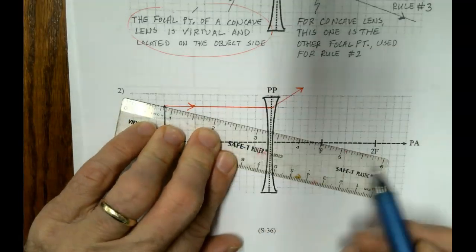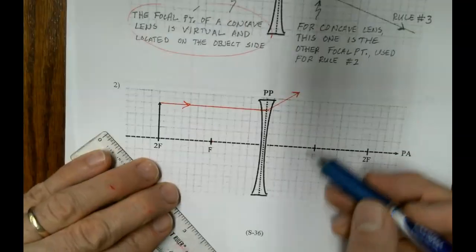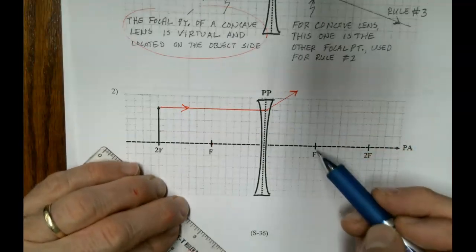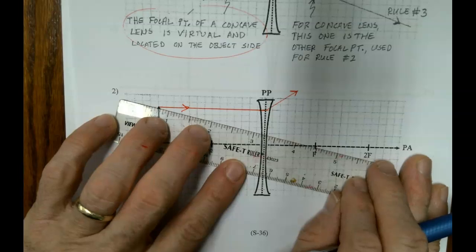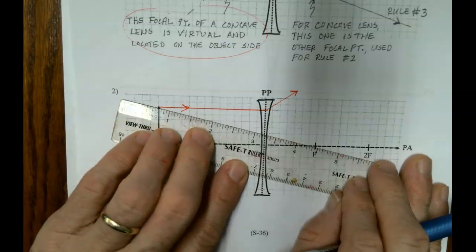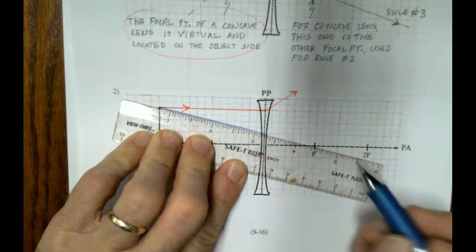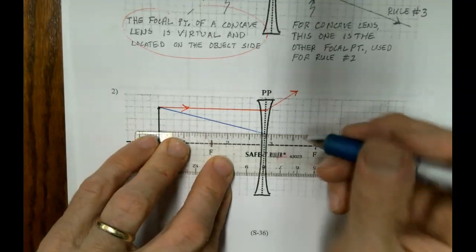So if it would go through this focal point, now this is not the real focal point for this lens because this is not a converging or double convex lens. It's a diverging lens. So this is the other, as I'm calling it. This is somewhat my language, but it works pretty well. So when it gets to the center of the lens is when it refracts parallel to the principal axis.